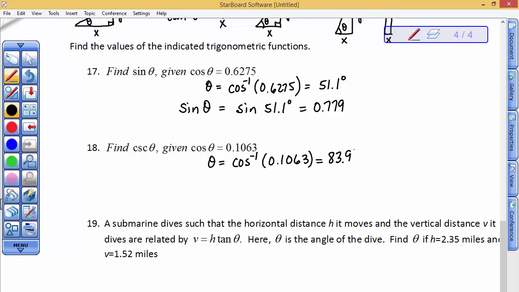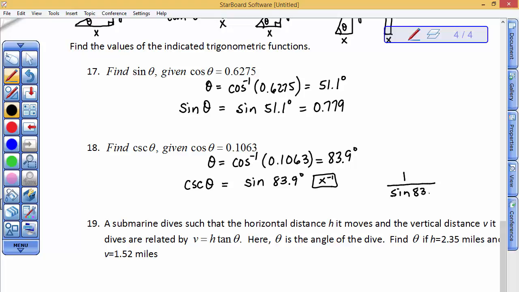Now remember, to find the cosecant of theta, cosecant and sine are reciprocal functions. So I could find the sine of theta and then just flip it. So hit that x to the -1 button, because I've got to find the sine of it, and essentially I'm finding 1 over the sine of 83.9 degrees.